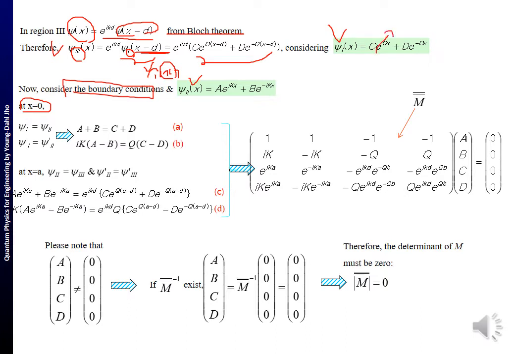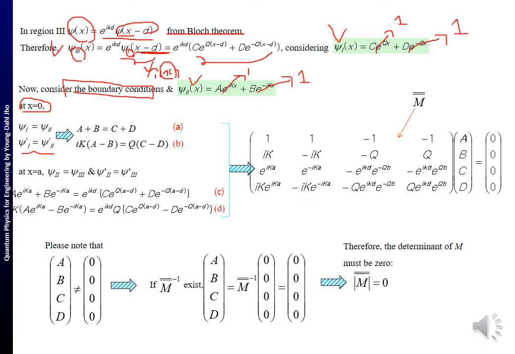So c plus d, and on this side, a plus b. So a plus b equals c plus d.